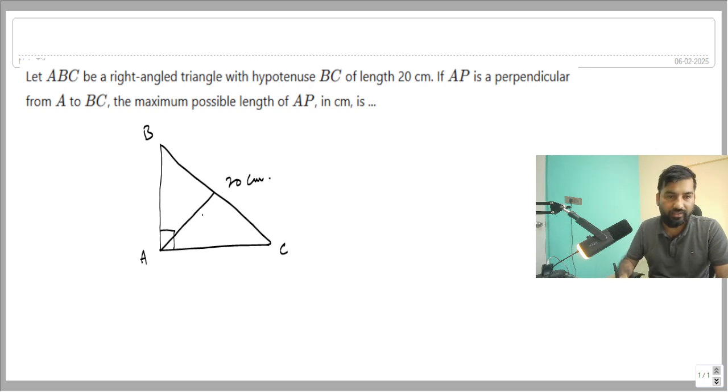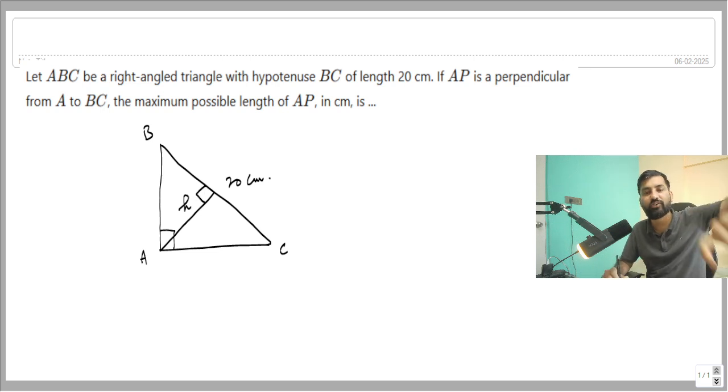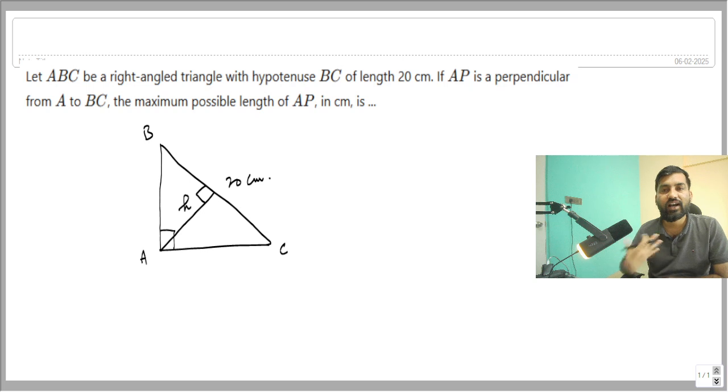That perpendicular is nothing but the height H. You have to find the maximum possible length of this height. Let's say this point is P, so AP is perpendicular to BC.